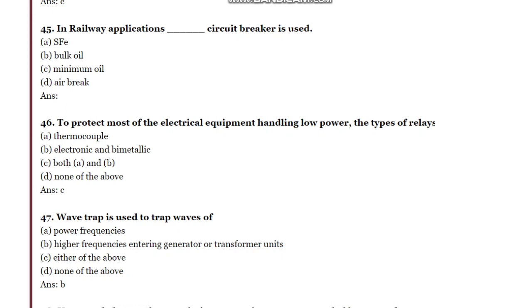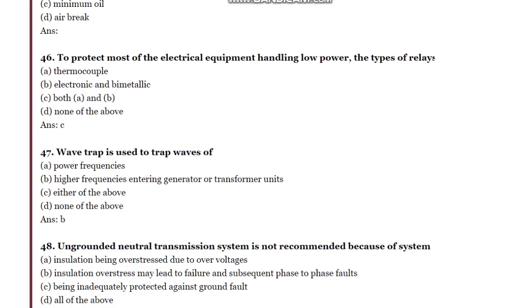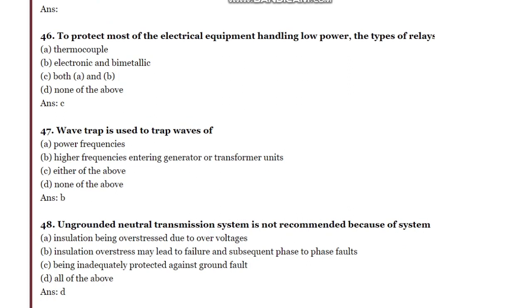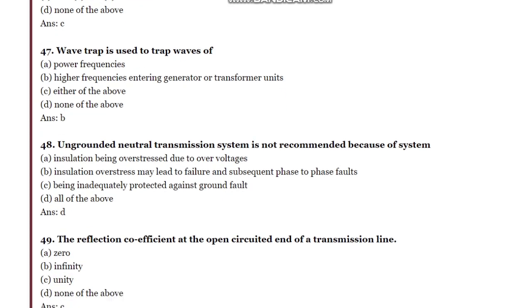Answer is not given here. To protect most of the electrical equipment handling low power, the type of relays used is C, that is both A and B, that means thermocouple, electronic and bimetallic relays are used.